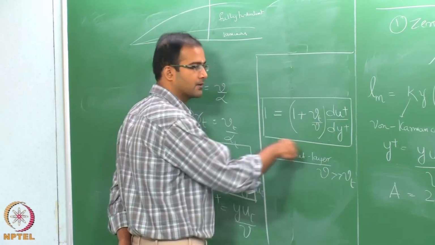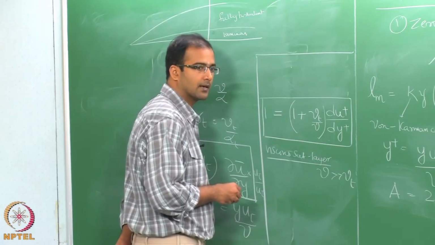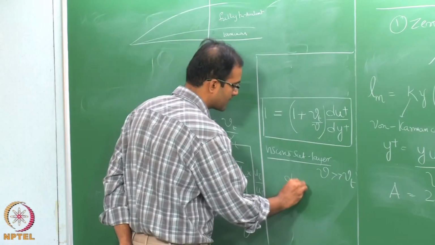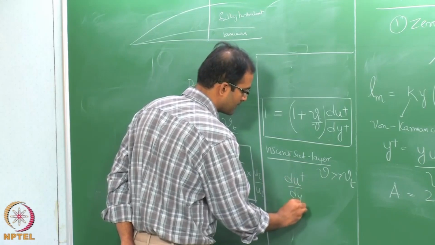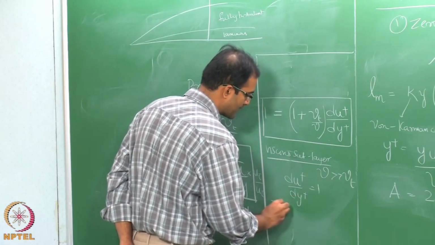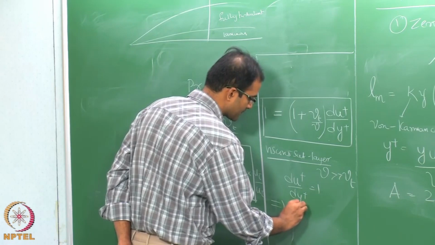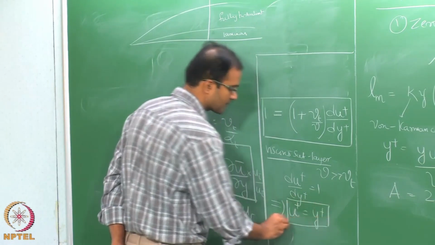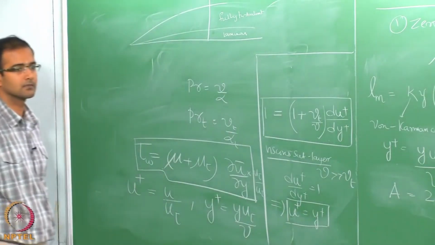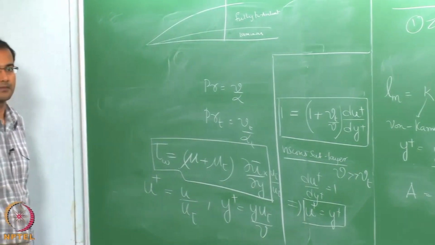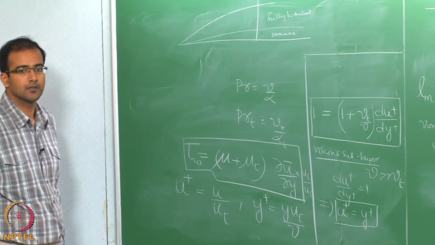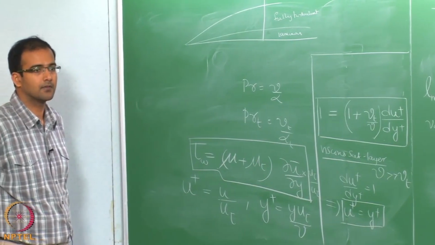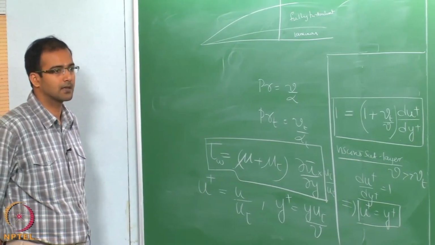So, therefore, what will happen to this entire term? Therefore, this will reduce to 1. So, if you integrate this, okay, this is your profile of velocity within the viscous sublayer.